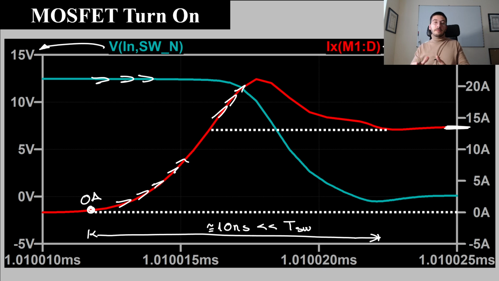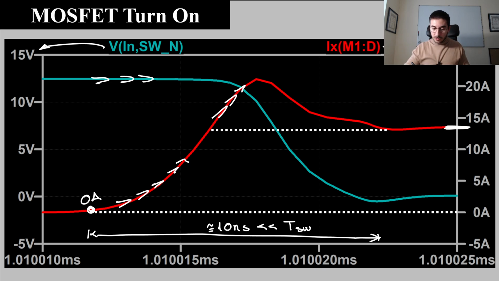That current peak is due to the diode turn off. When we turn off the diode, we see a current peak in the MOSFET. This is something that we are going to address in another video, but it's called the reverse recovery process of the diode, and it takes place during the turn off of the diode and at the same time during the turn on of the MOSFET.